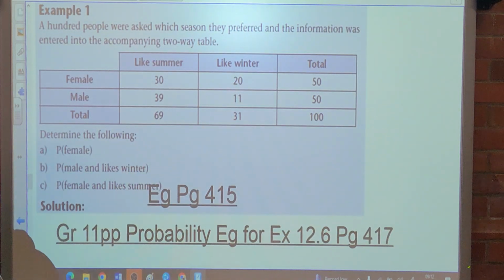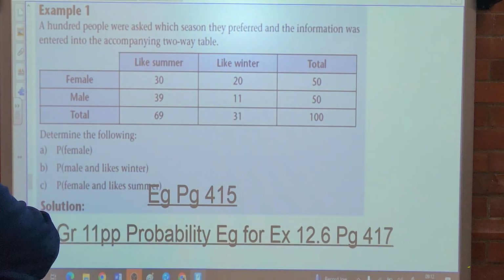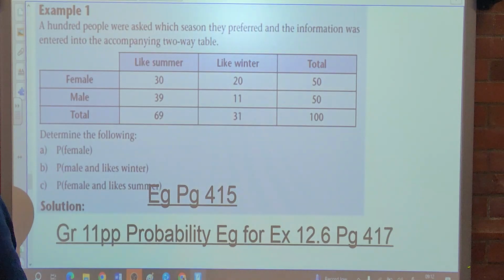So here we are told that 100 people were asked which season they preferred, and the information was entered into the accompanying two-way table. So the question was who liked summer and who liked winter. We have females and males as well, and the totals of course are given.